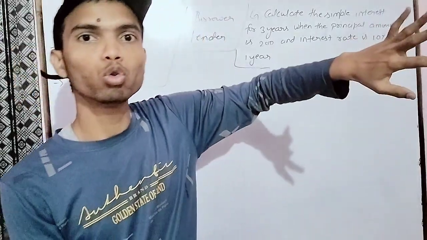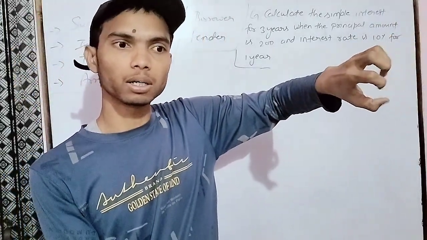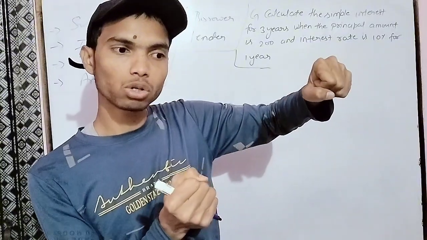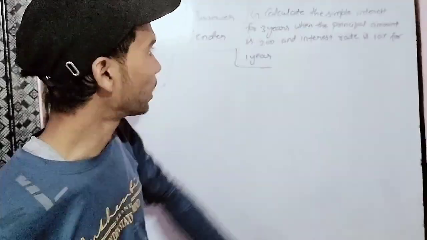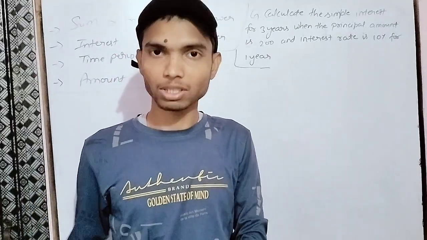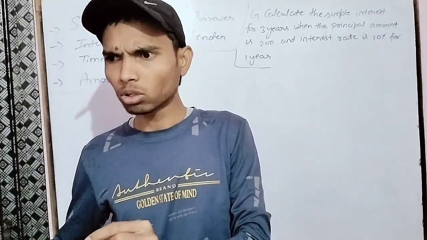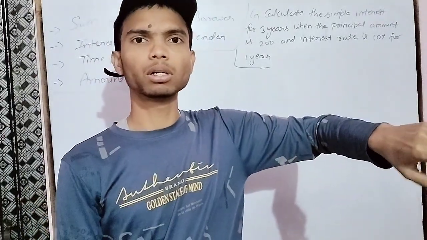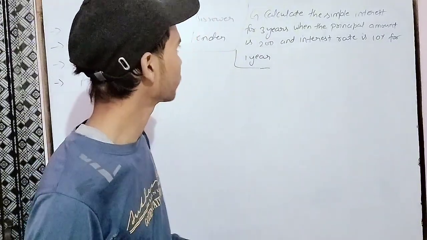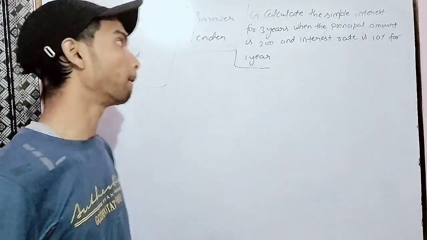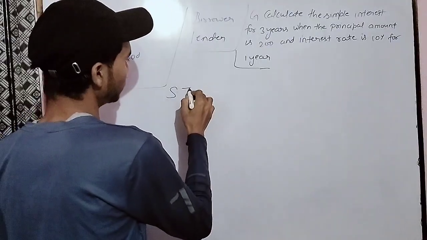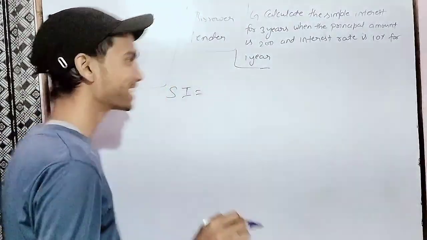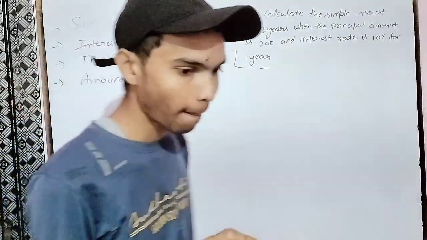And we are going to calculate simple interest for 3 years. And what is given? The principal amount, which is the amount that was borrowed, is 200. Now, what is simple interest?